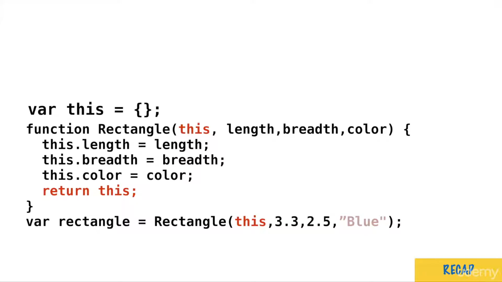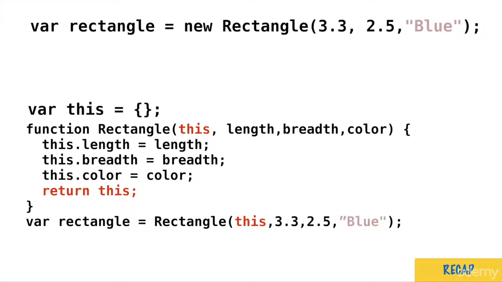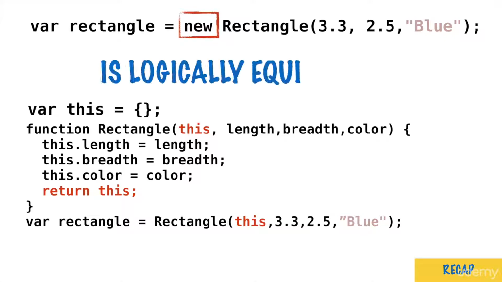The new keyword converts this object constructor named rectangle to take in a secret argument, this, and return this as well. So what you see at the top of the screen, new rectangle, is logically equivalent to what you see at the bottom of the screen, where this is created as an object.